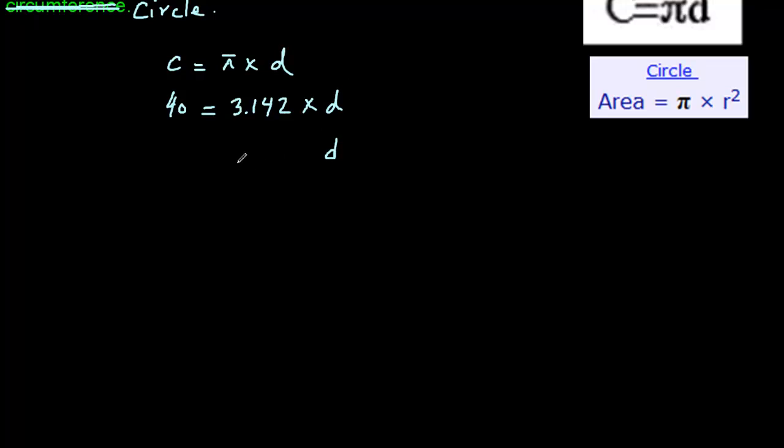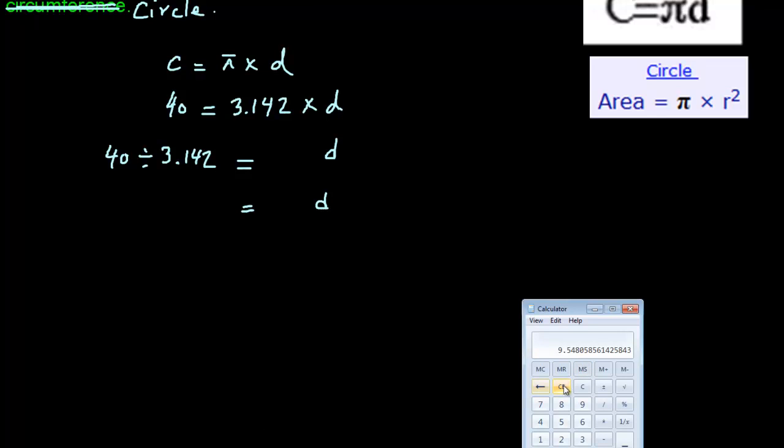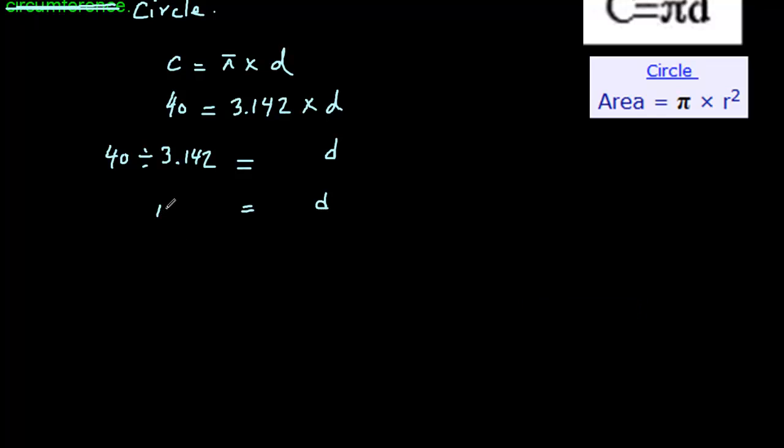So the diameter is 40 divided by 3.142, and that gives me 12.73. So 12.73 is the diameter, which means the radius is half of that.